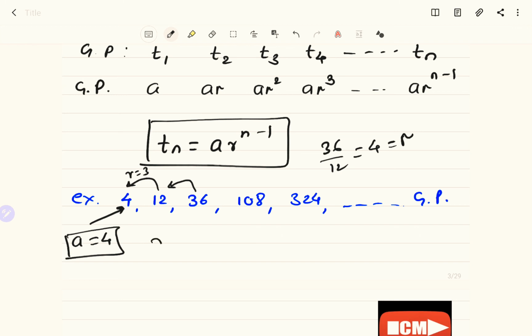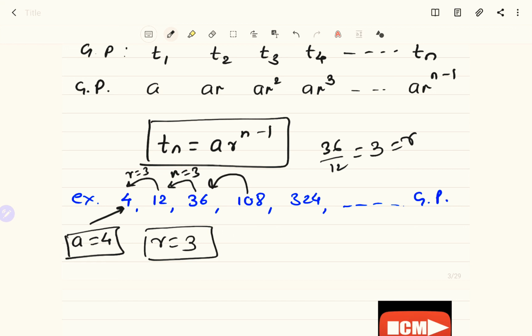Sorry for the mistake, friends, let me correct it. 36 by 12 is 3. So this R value is 3, and the common ratio everywhere is 3.